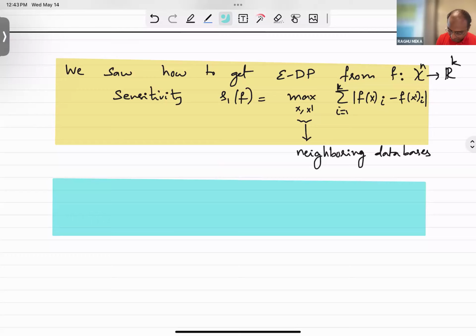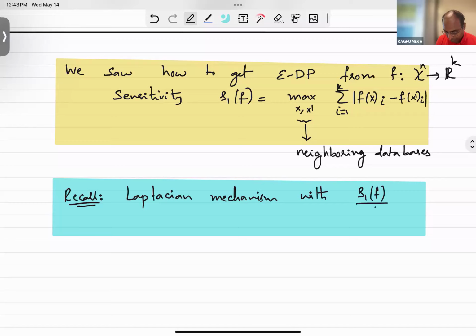Something that we did last lecture was the Laplacian mechanism. Okay, so the Laplacian mechanism with this much noise is epsilon differentially private.